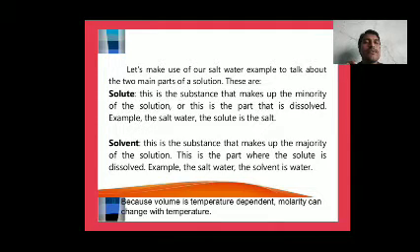Let's make use of our salt water example, already discussed as a homogeneous mixture, to talk about the two main parts of a solution. The solution is made by two different components, one is water and one is salt, forming a uniform layer of homogeneous mixture called a solution.